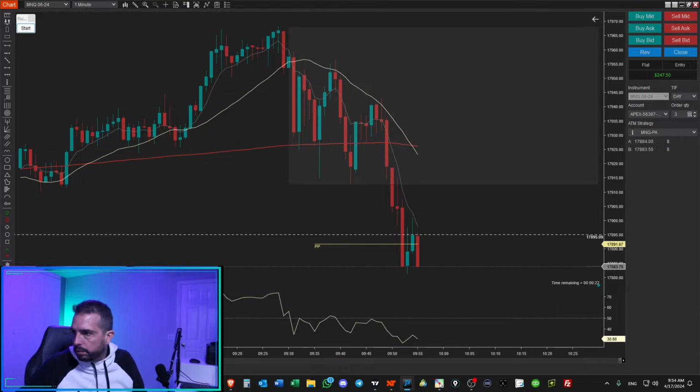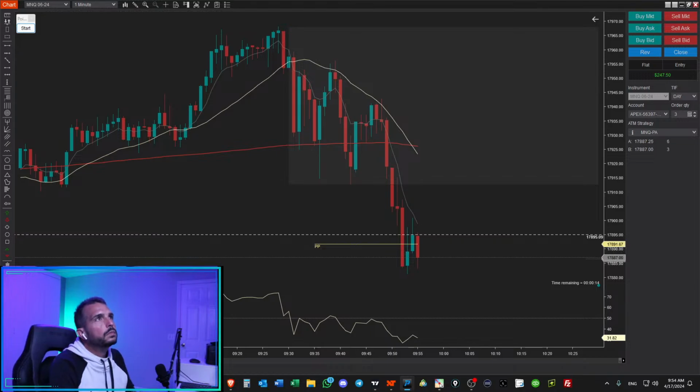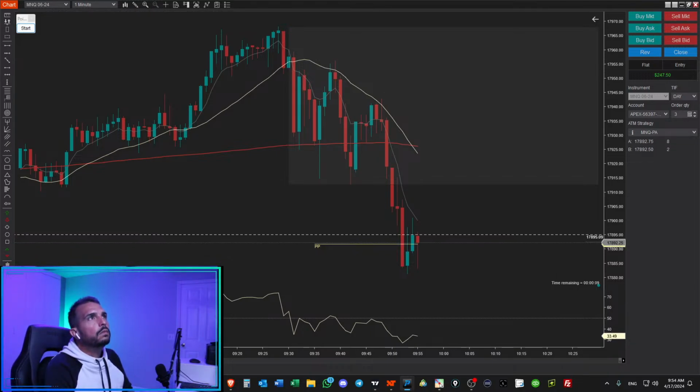Gonna get a continuation on this. Breakdown pivot, 10-minute. Market's sitting on 200. We gotta break below that.